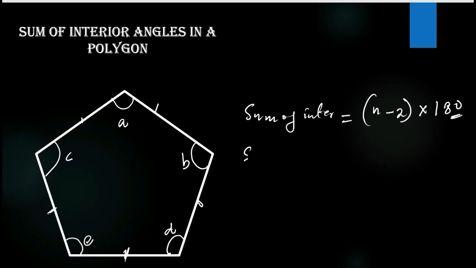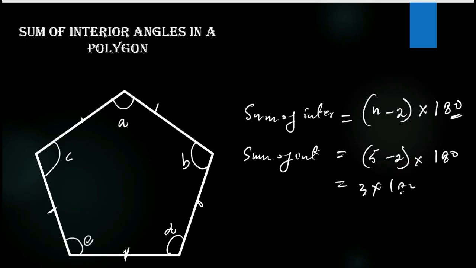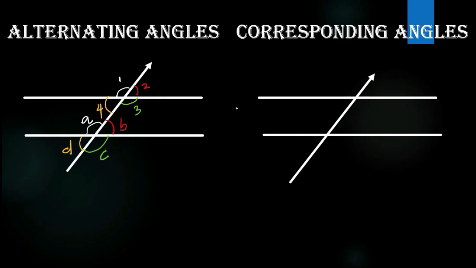So the sum of interior angles of this polygon with 5 sides will be 5 minus 2 times 180, which is equal to 3 times 180. That's equal to 540. If the polygon has 6 sides, then we'll be talking of 6 minus 2 times 180. Now let's see the last theorem.